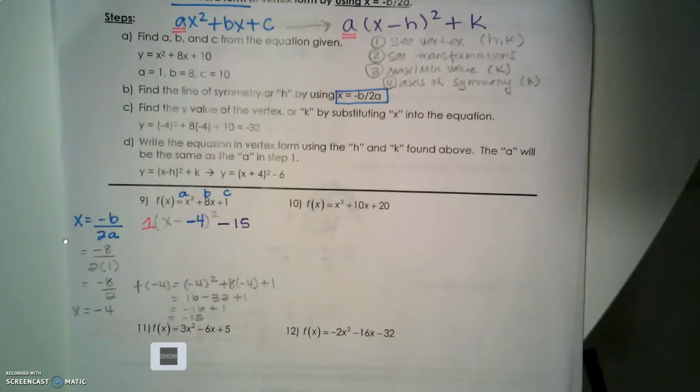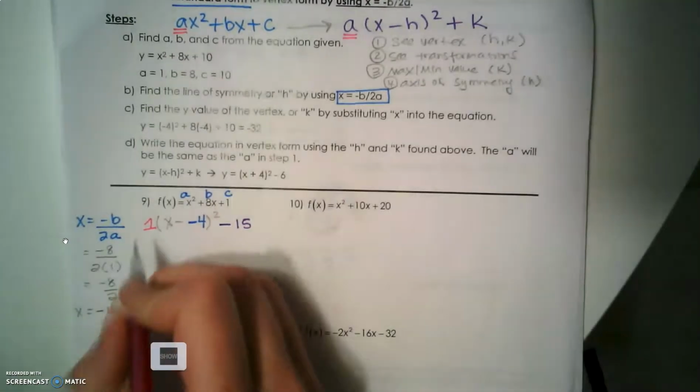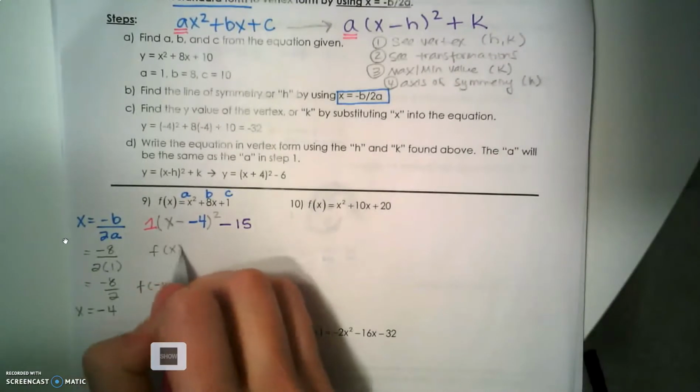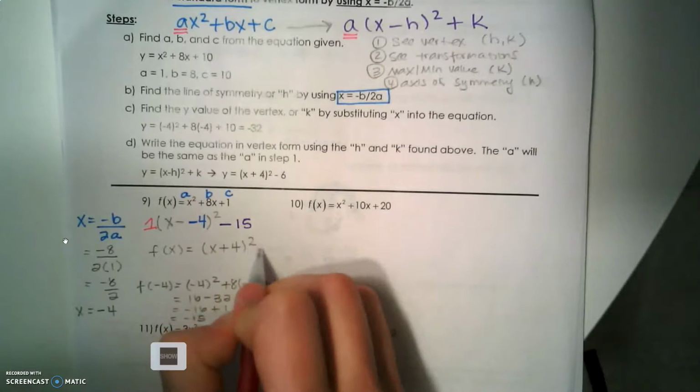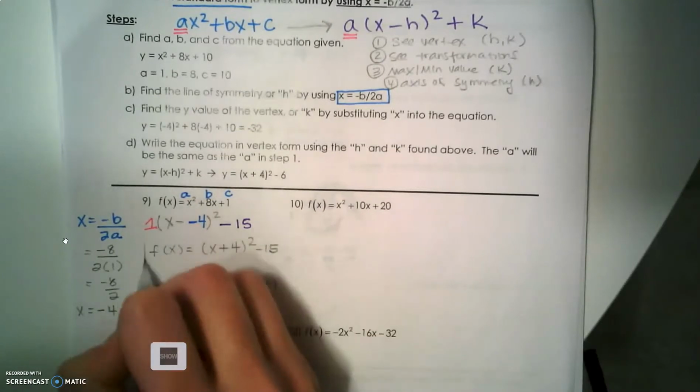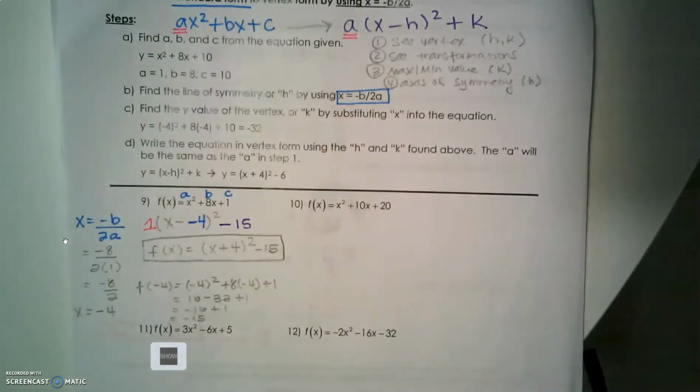It's not necessary. However, we could clean up our equation because what's minus a negative? A positive. So this vertex form is going to be x plus 4 squared minus 15. And that's the final answer there.